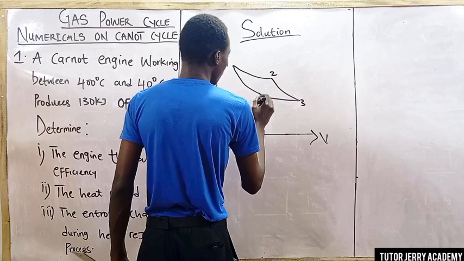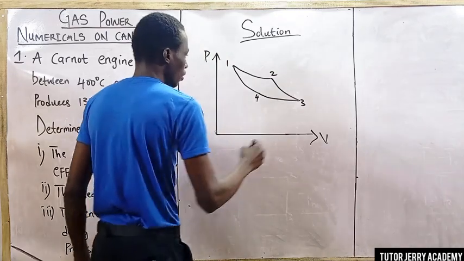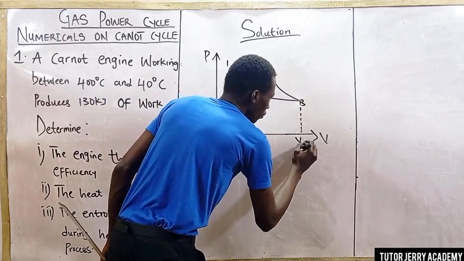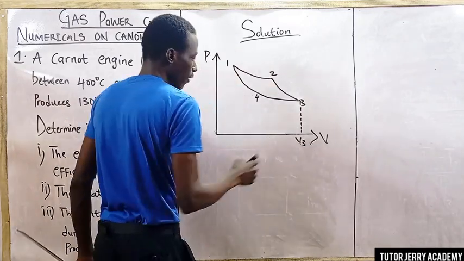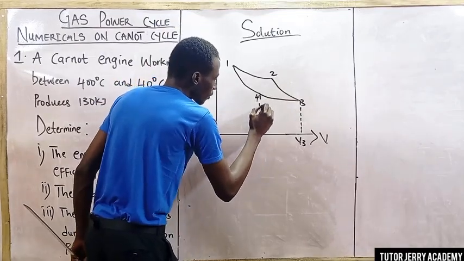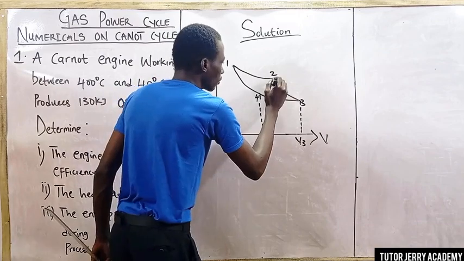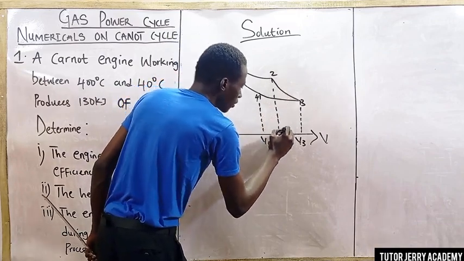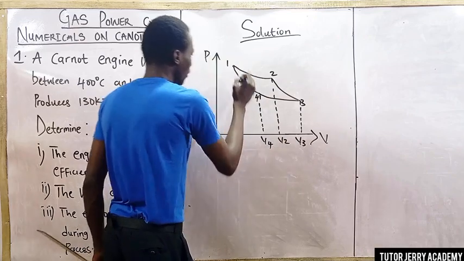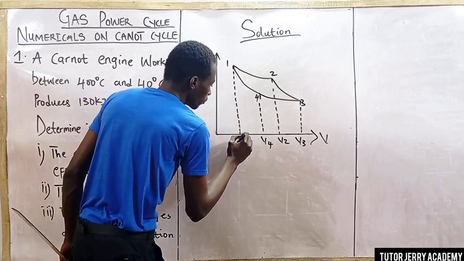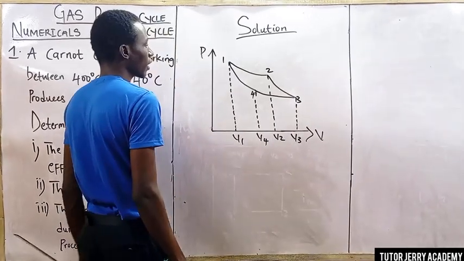Here I have stage 3, and here I have stage 4. So this will represent my volume at stage 3, this will represent my volume at stage 4, this will represent volume at stage 2, and this will represent my volume at stage 1. So this is what I have.